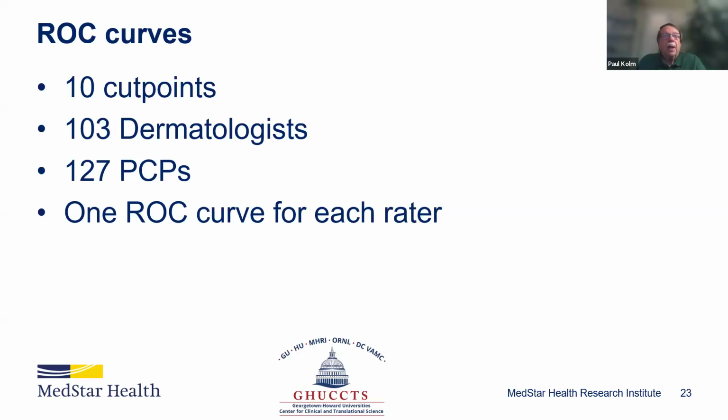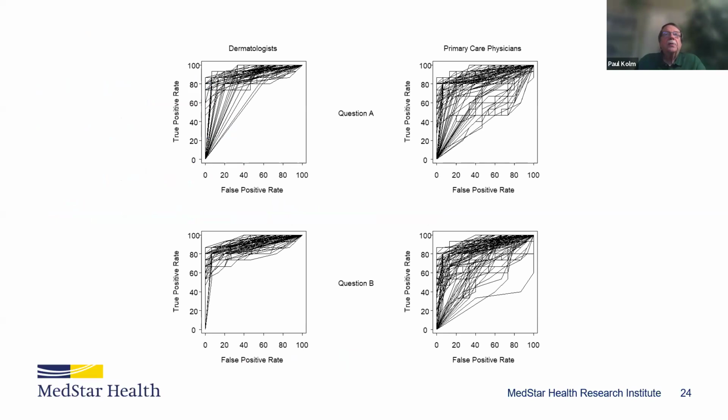And so if we were to plot the ROC curves for each of the doctors, the PCPs or the dermatologists, we would get graphs that look like this. Just looking at the graphs, there's a couple things we can tell right away. One is for questions A and B, there's a lot less variability for dermatologists than there is for primary care physicians.